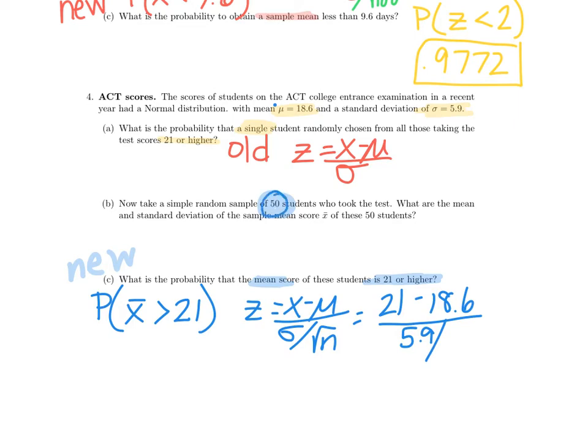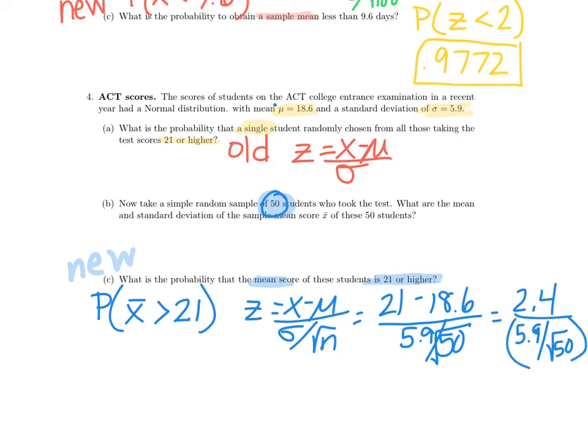N this time is 50, so we have to do the square root of 50. So 21 minus 18.6 is 2.4. 5.9 divided by the square root of 50 is ugly, so I'm just going to write it like this.